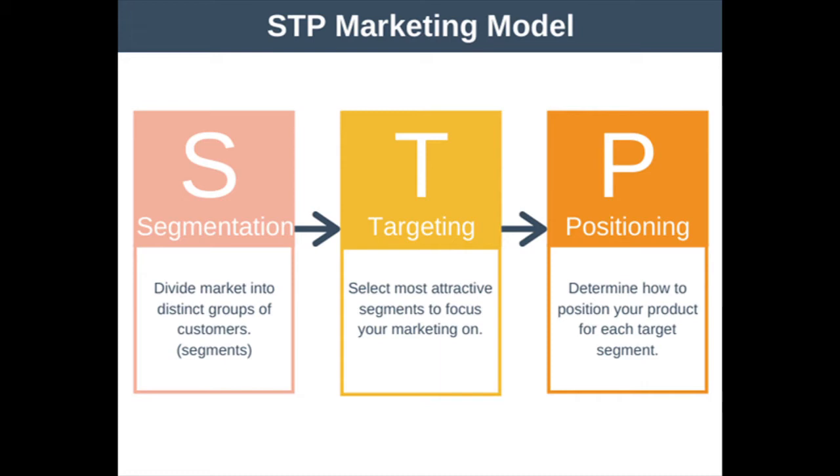For the geographic division, it's sorting the market by country, region, state, city, or neighborhood. And for the psychographic, it's basically segmenting people by lifestyle, hobbies, activities, opinions, religious views, political affiliation, entertainment, personality traits, attitudes, etc.